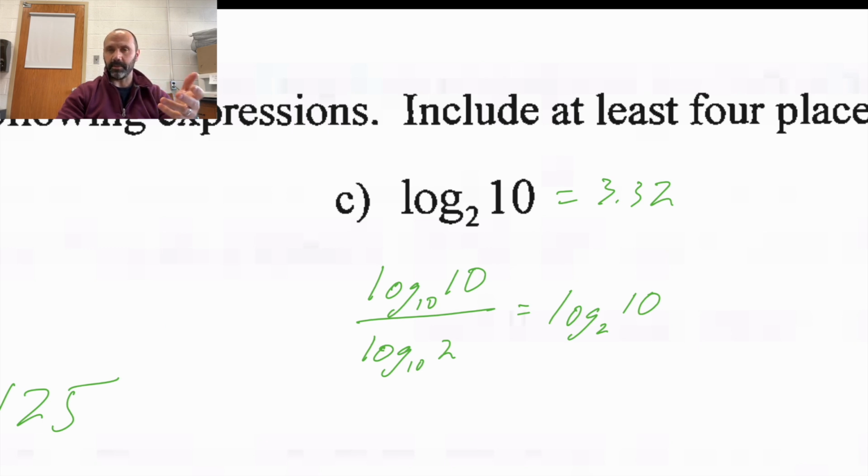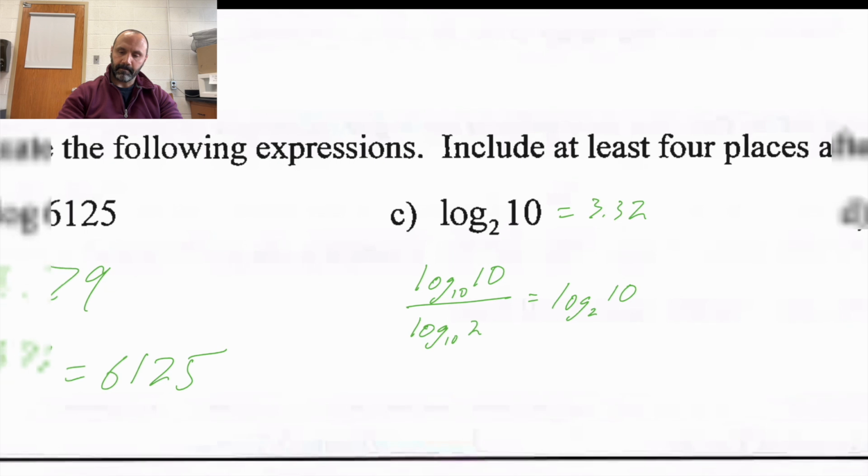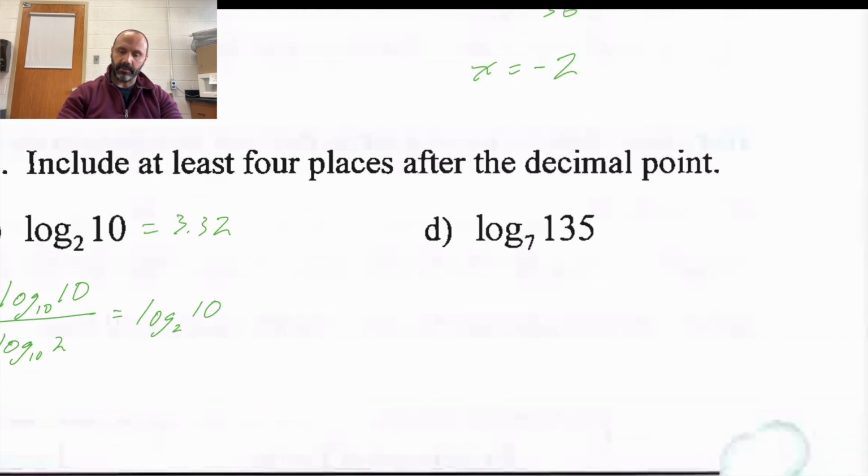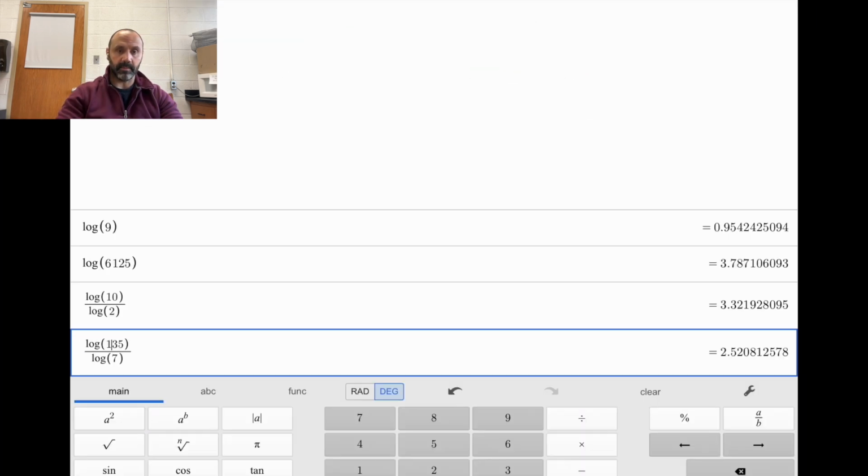This just feels more like a shortcut, and it works, so I would recommend doing it this way. If you want to look into your particular calculator and how that works, go for it. So the next one, log base 7 of 135. Okay, so log 135 over log of 7, same as log base 7 of 135. It gives me 2.52.